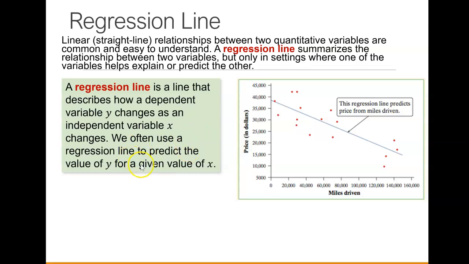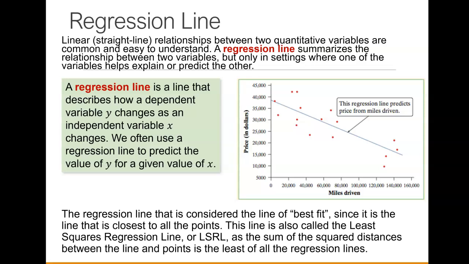So we often use that regression line to predict a value for y given a value of x. The type of regression line we're going to be talking about here is often called a best fit line, or more specifically, a least squares regression line. And we'll talk about why it's called that in a moment.